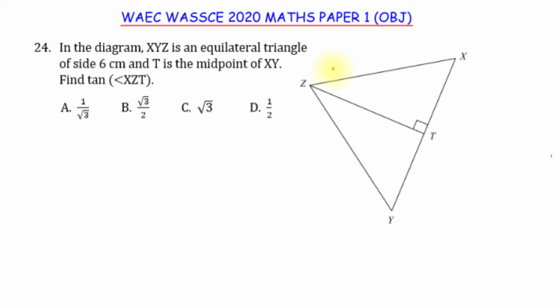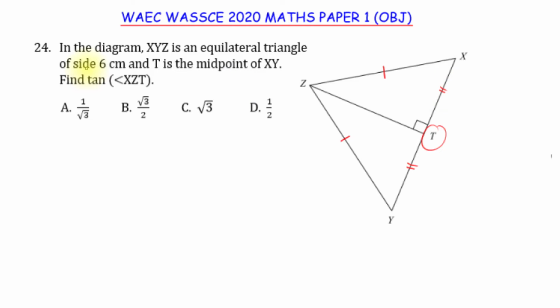First, we are told that this triangle is equilateral, meaning that this side and this third side are equal. However, we are told that this point T is the midpoint of XY. So this point T being the midpoint means that it divides this line into two equal parts. So the length of this will also be the length of this.